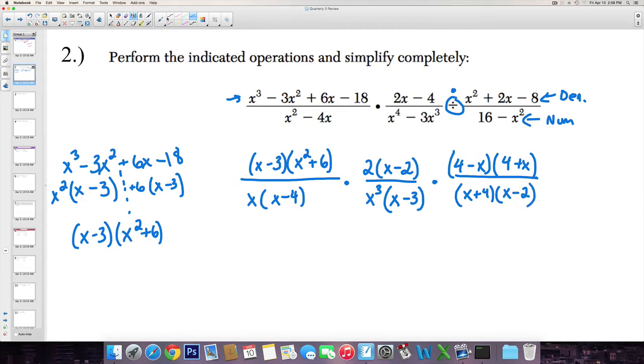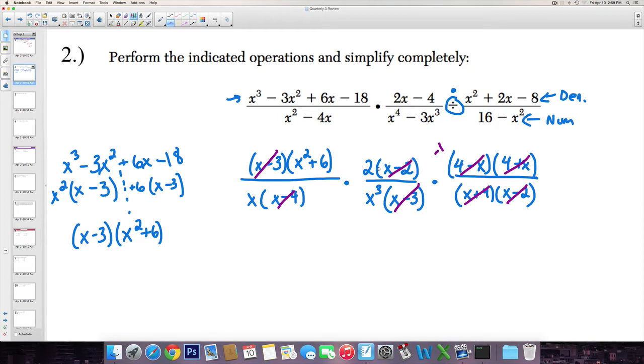Now that we've factored everything, we can go ahead and reduce. So let's see. X minus 3, x minus 3, x minus 2, x minus 2, x plus 4, 4 plus x. That could just divide to 1. 4 minus x, x minus 4, we need to take into account that will divide to be a negative 1.